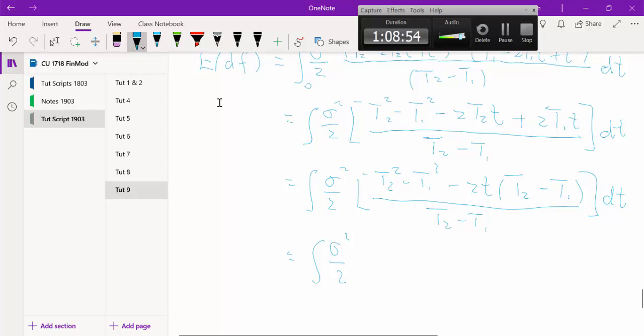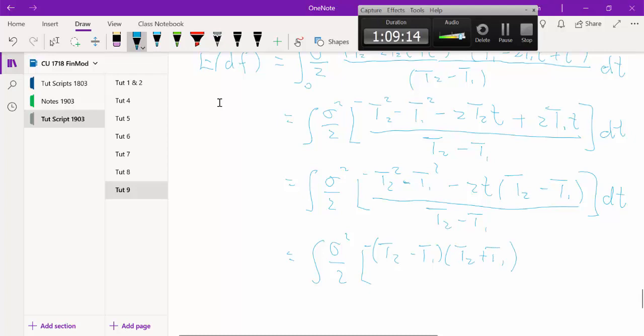So because T2 squared minus T1 squared is equal to T2 minus T1 times T2 plus T1, I can actually split that up into T2 minus T1 in brackets, T2 plus T1.